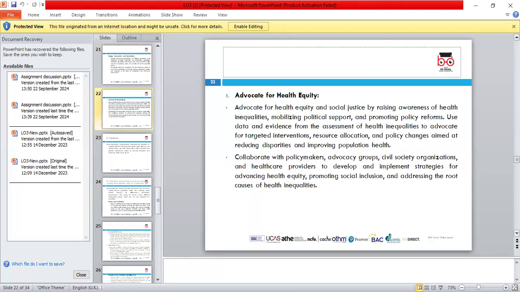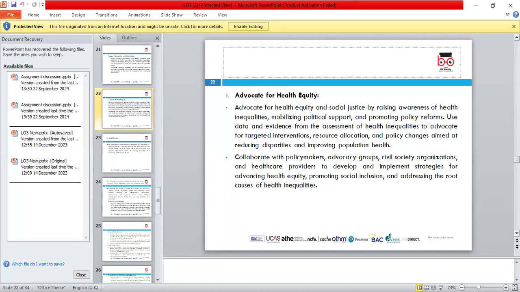Okay. So you can also look into advocating for health equity. Advocate for health equity and social justice by raising awareness of health inequalities, mobilizing political support, and promoting policy reforms. Use data and evidence from the assessment of health inequalities to advocate for targeted interventions, resource allocation, and policy changes aimed at reducing disparities and meeting population needs.